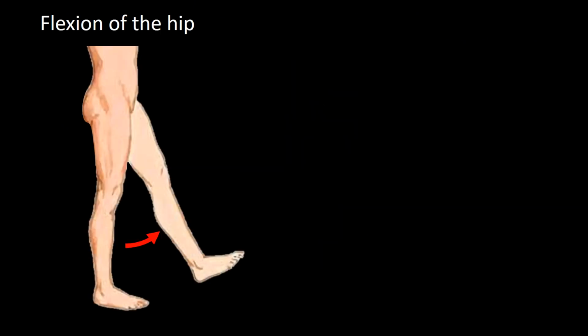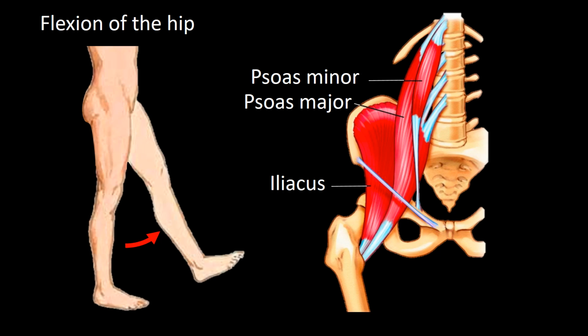Flexion of the hip involves the iliopsoas muscle. The iliopsoas muscle has 3 components: psoas minor, psoas major, and iliacus.